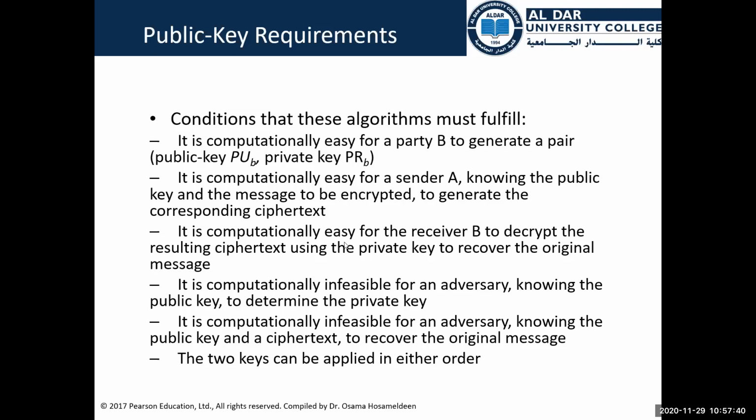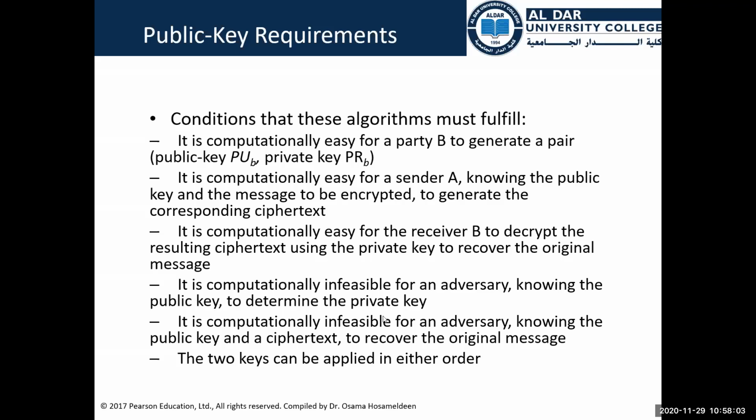It is also computationally easy for the receiver to decrypt the resulting ciphertext using the private key to recover the original message. This should also be a requirement. B will be able to decrypt the data using his private key.